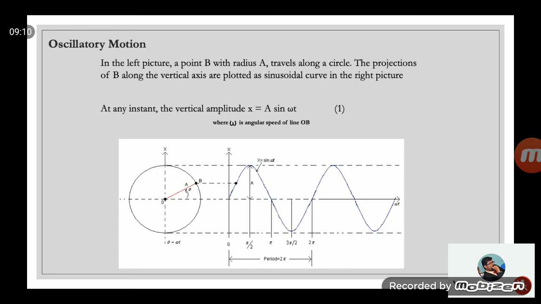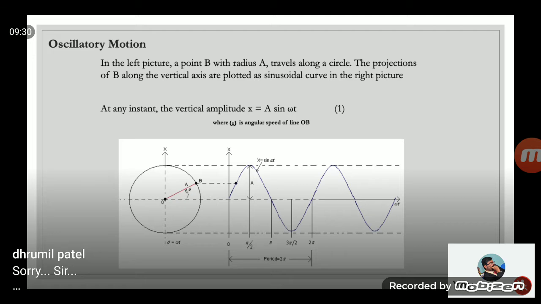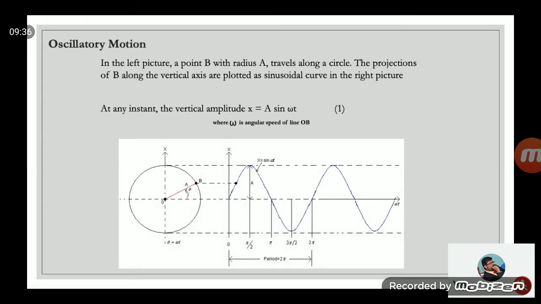Okay, so if you plot the projection of B along the vertical axis, what you see is a sinusoidal curve, very regular, and it just goes from 0, 90, 180, 270, 360. Okay, so it is a sinusoidal curve. So positive peak, negative peak, and you also can see that one cycle is one period.